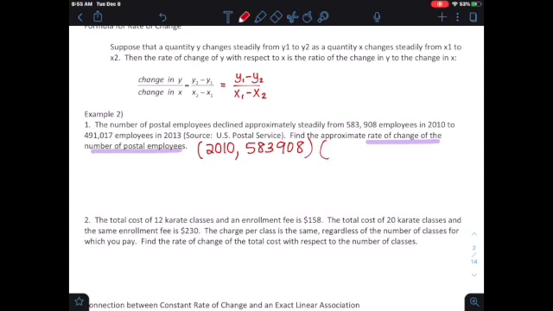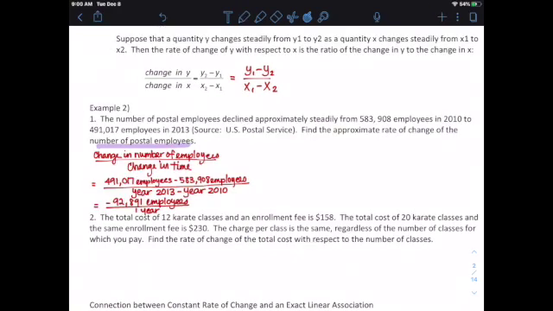Then the year for the second one is going to be 2013, comma, 491,017. And there's your ordered pair, so you can literally use the formula above and find the rate of change. Why don't you pause, plug in the formula, and check whether you got the same answer as I do.